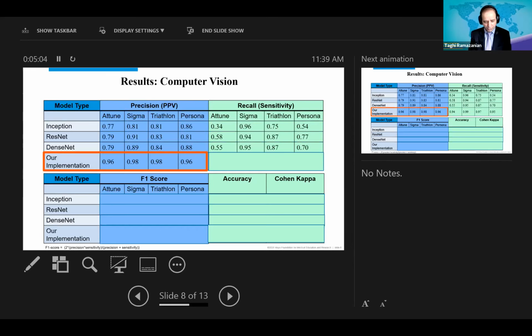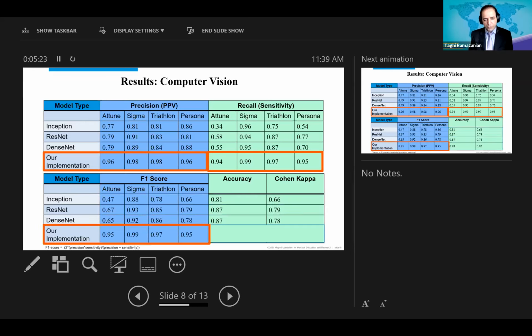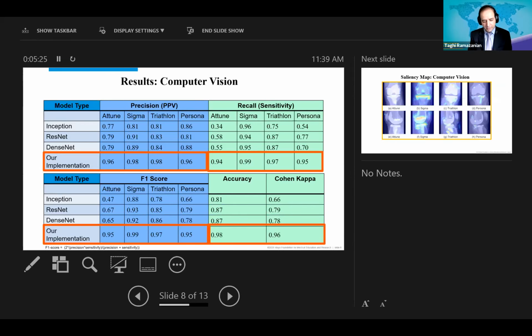For recall or sensitivity, other models had recall between 34 and 96%, while our model showed a sensitivity of 94 to 99%. Similarly, the F1 score and overall accuracy of the model were high, and the model had almost perfect performance in classifying these 4 knee implants.